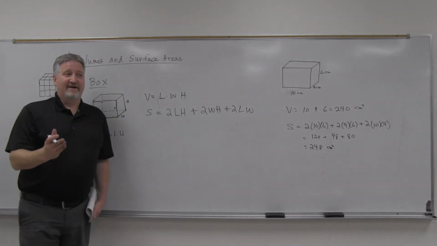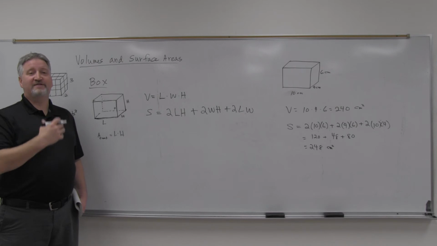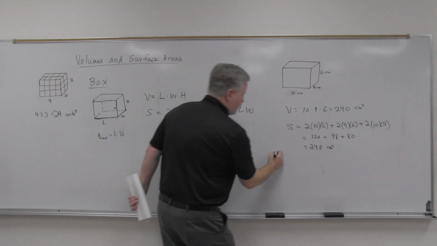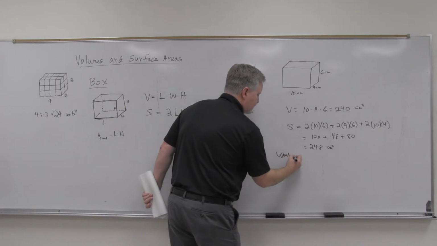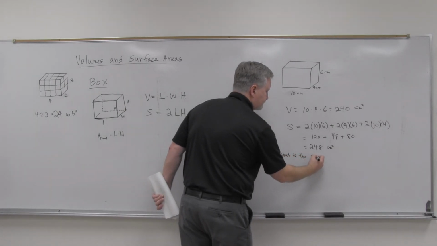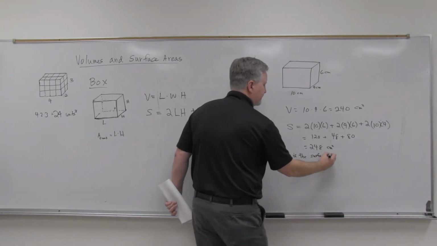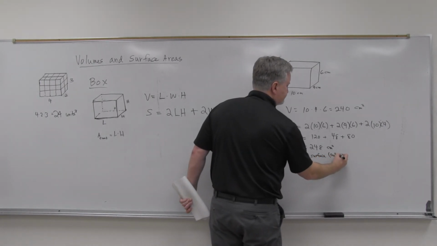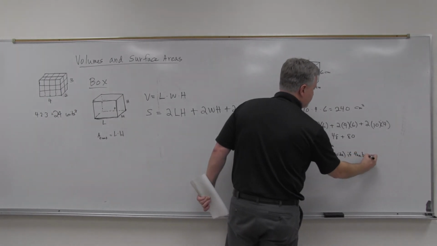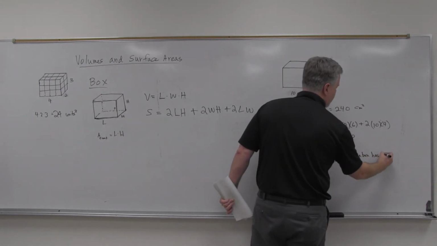Now the other problem I like on this, so I know that you understand the formula here, is, all right, let's do the same box. So what is the surface area? I'm talking the outside surface area. If the box has no top.